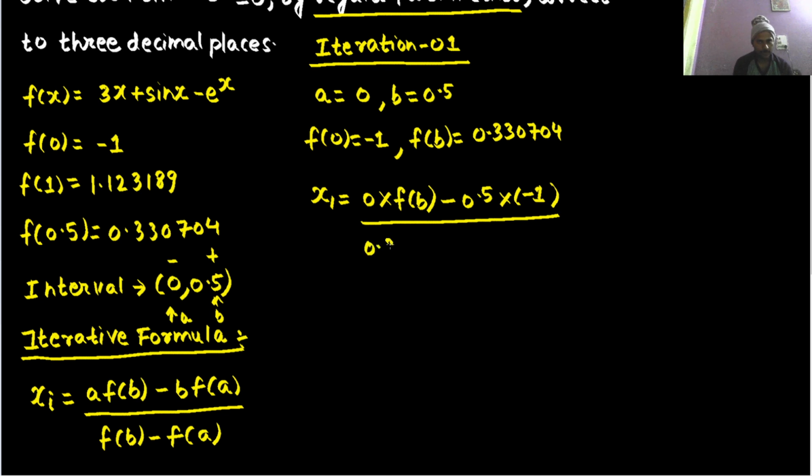So 0.330704 minus f of a, minus minus plus 1. Now let's calculate this.